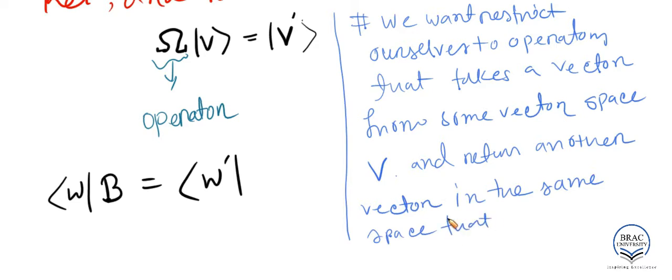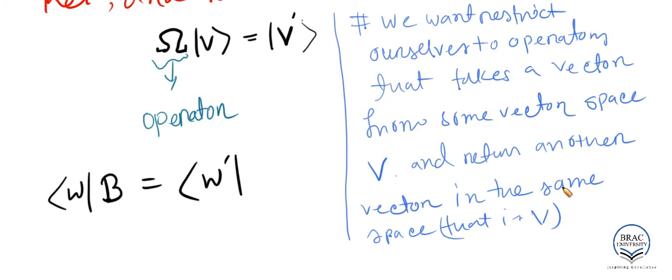So we want those kinds of operators that will take some vector from a vector space, operate on it, transform it, and the output, that is this v prime, will also lie in the same vector space.